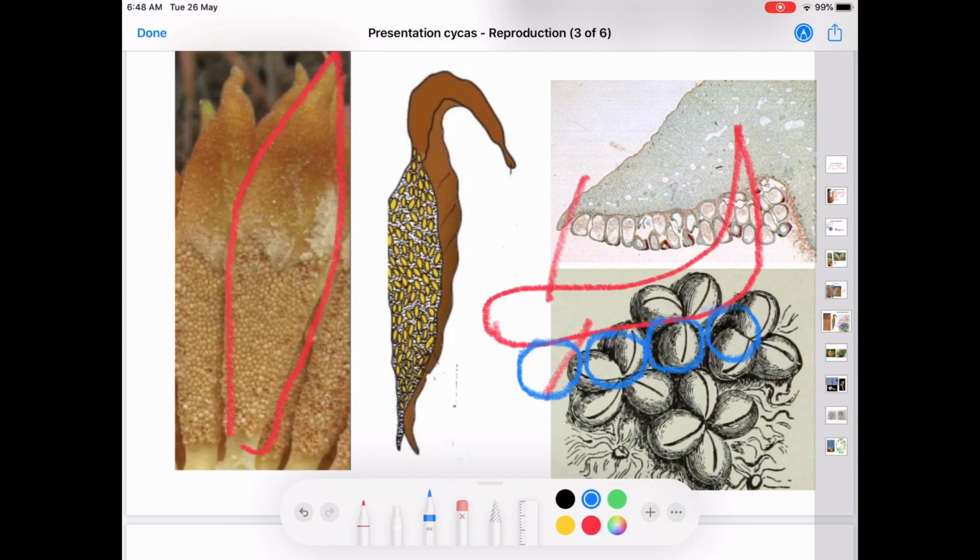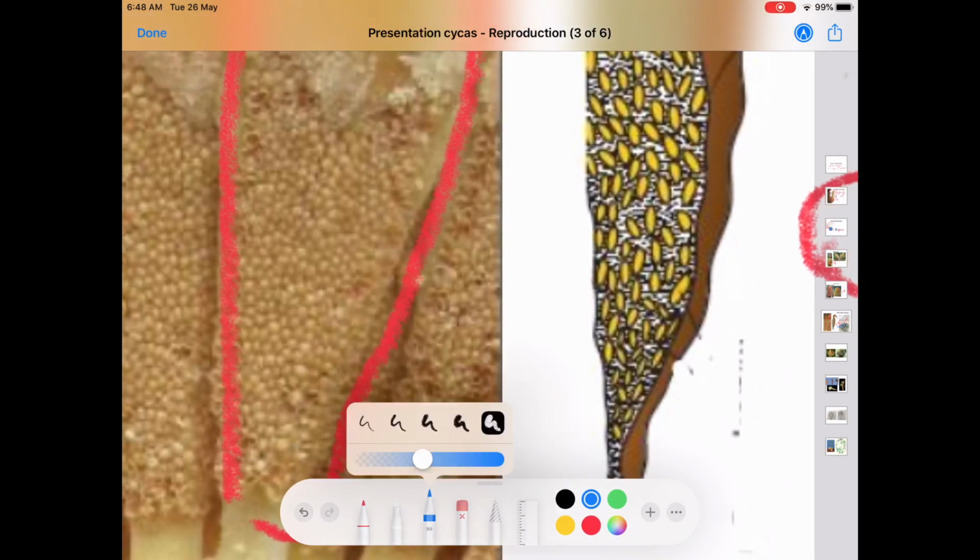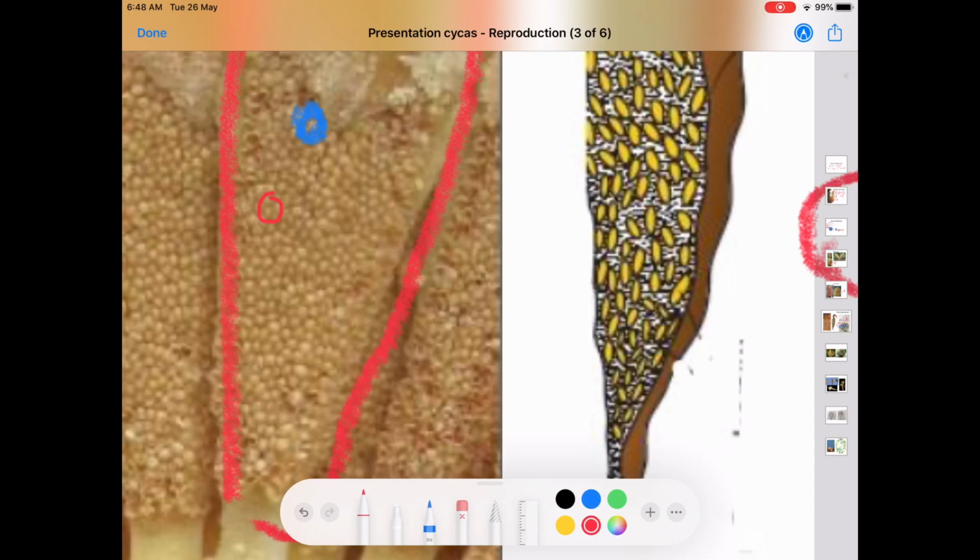You can see numerous small bead-like structures, and these are the microsporangia, which in turn carry microspores.